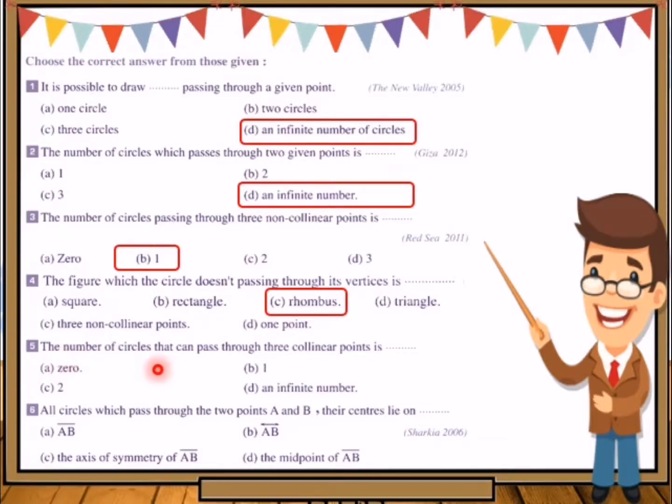The number of circles that can pass through 3 collinear points is 0. We can't draw a circle that passes through 3 collinear points, so it equals 0. Finally, all circles which pass through the points A and B, their centers lie on the axis of symmetry of AB.